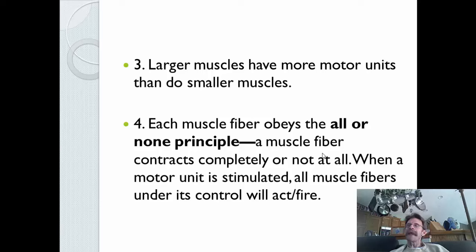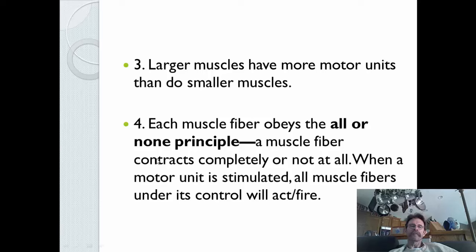It may take 80% of the myofibrils within a certain muscle fiber to contract to cause contraction. So there are always some that will not fire because they need to be ready for the next firing. So when a motor unit is stimulated, all the muscle fibers under its control will fire.